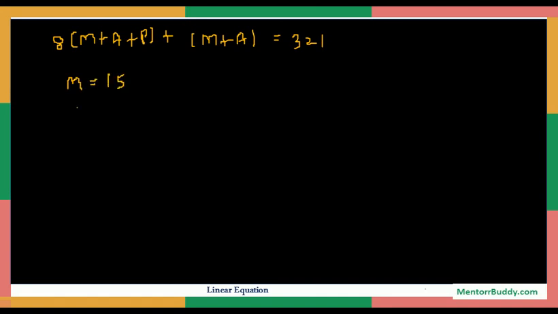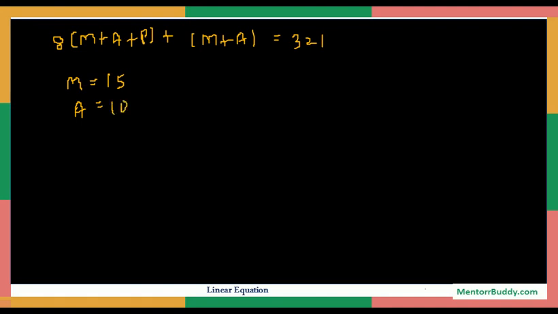The equation formed was 8 into (M plus A plus P) plus M plus A is equal to 321, and we also got the value of M to be 15 and A to be 10.